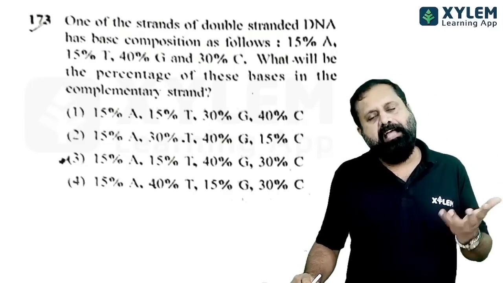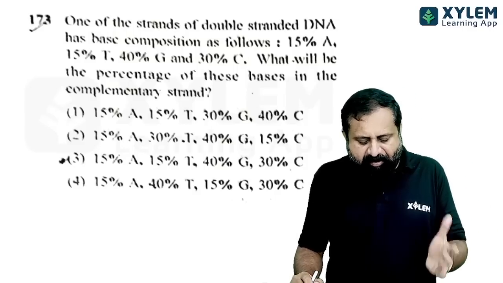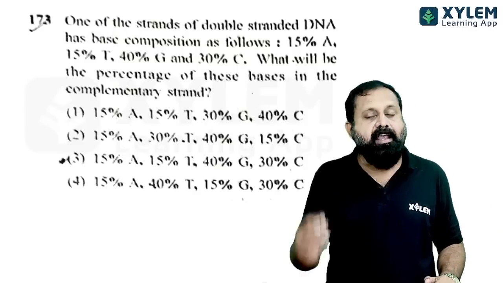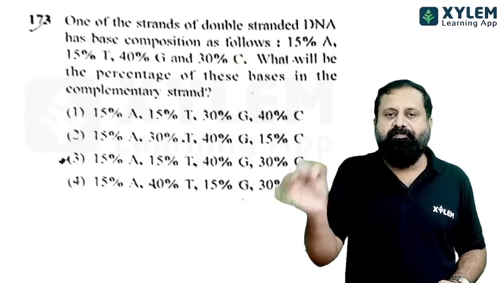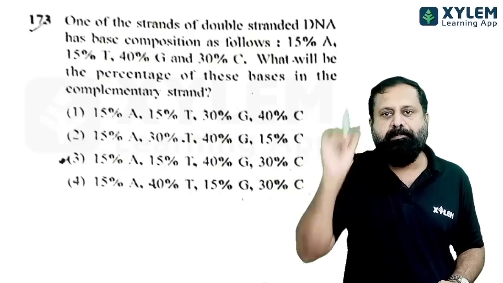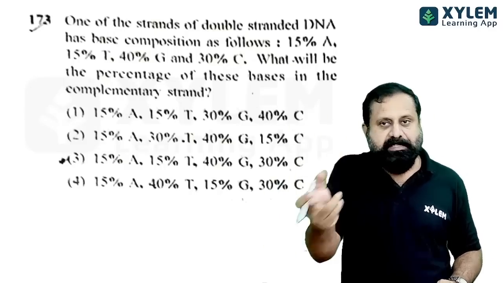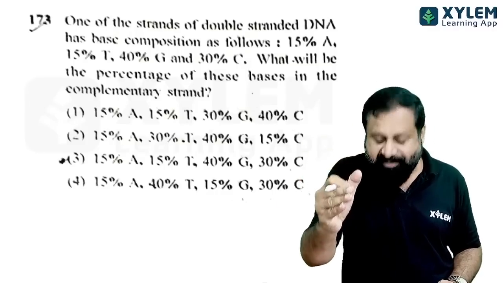Adenine 15, then thymine also 15. Thymine 15, then adenine also 15. Just opposite. Guanine, if 40% in one strand, then the opposite strand contains cytosine 40%. If cytosine 30% in one strand, then the opposite contains guanine 30%.